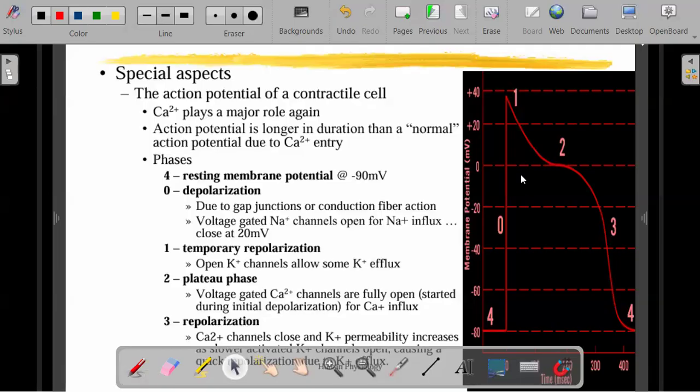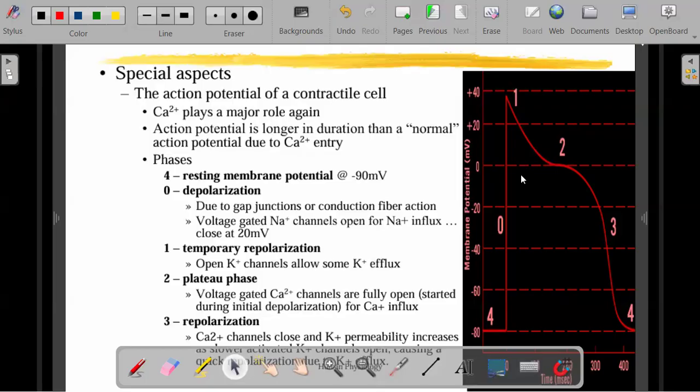At the same time, potassium leaves the cell and calcium enters the cell through the slow L-type calcium channels. Because calcium entry balances the potassium exit, the membrane potential stays almost constant.